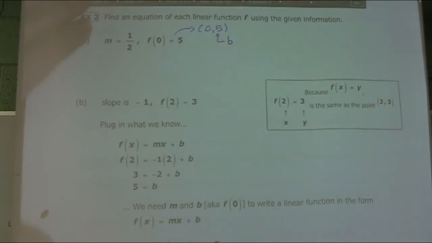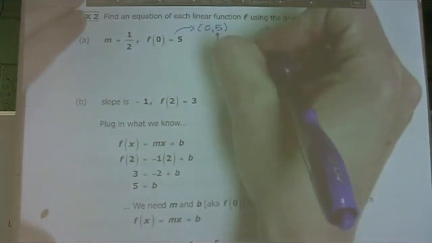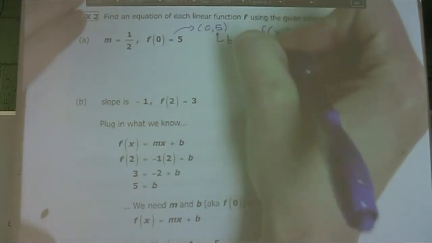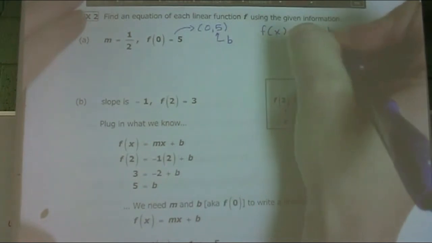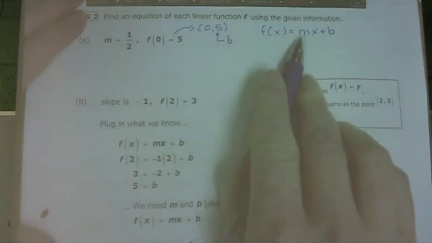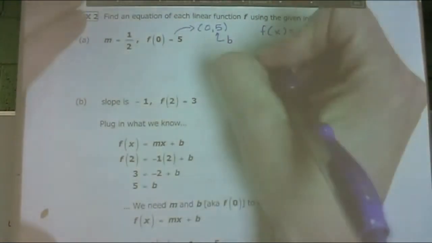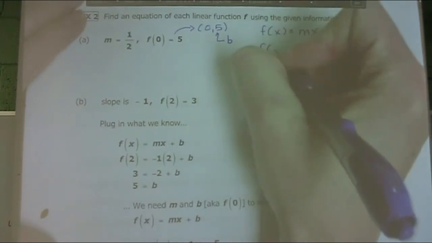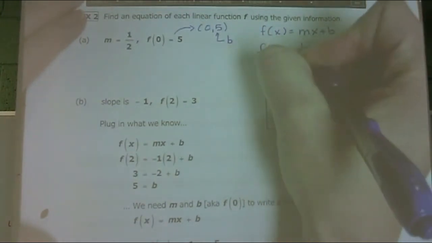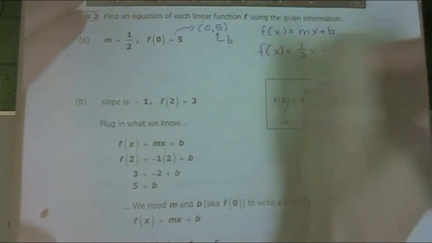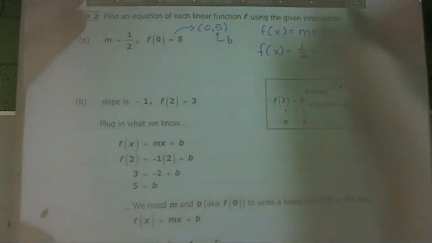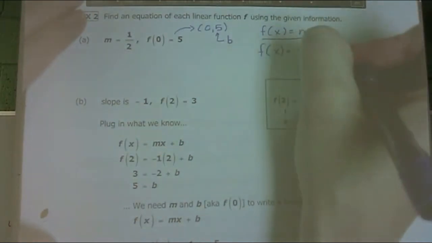So again, I am given m and b. So start with my function, f of x equals mx plus b, and I'm going to plug in m and plug in b. So I have f of x equals 1/2 x plus 5, because b is 5 and m is 1/2. And there is my linear function.